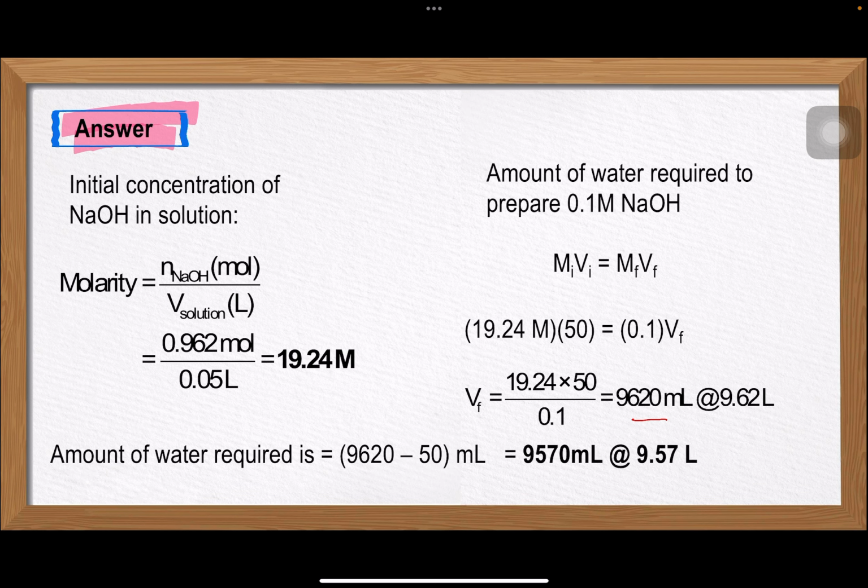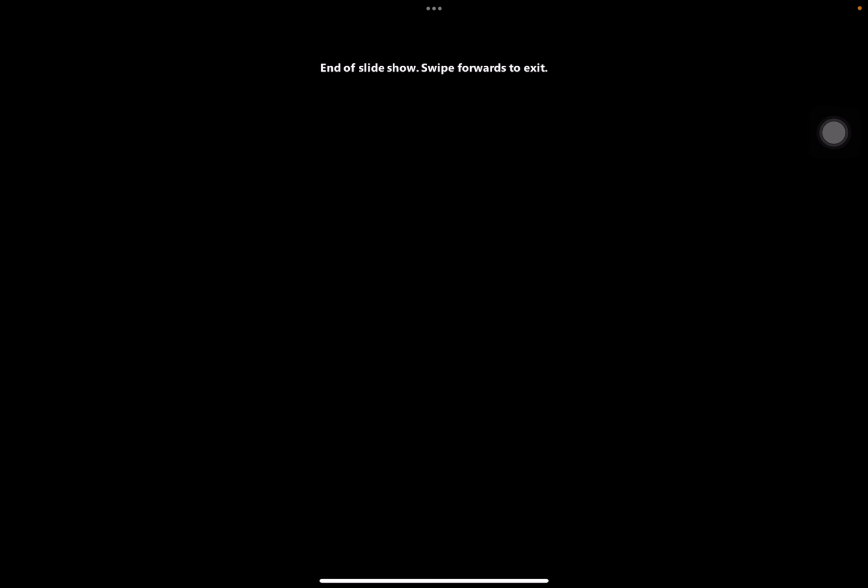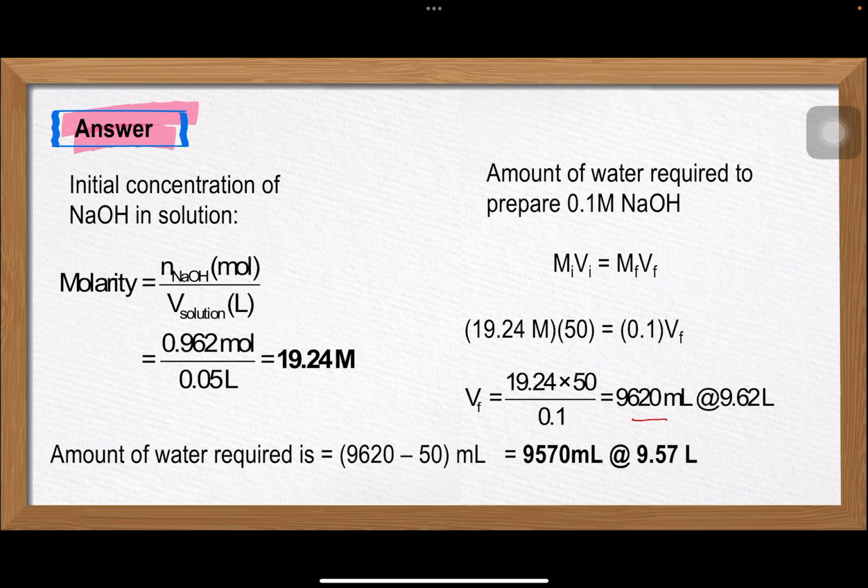So amount of water required is 9620 minus 50 milliliter, because the volume at first is 50 milliliter. You need to minus the 50 milliliter because 50 milliliter are already there. The question asks how much water needed to be added, right?